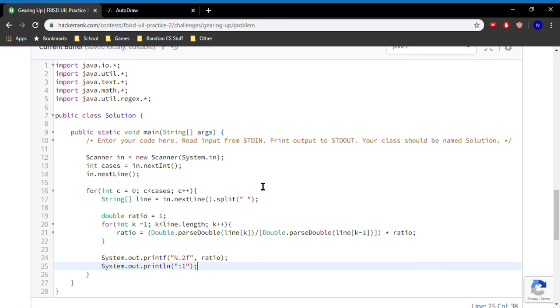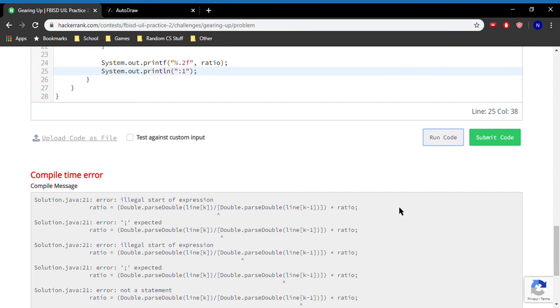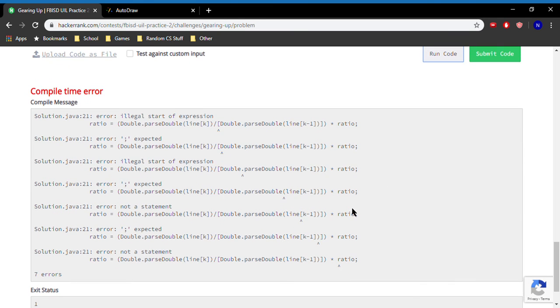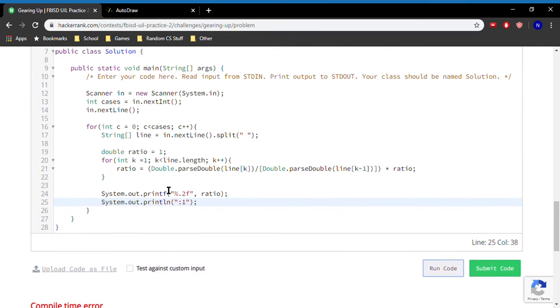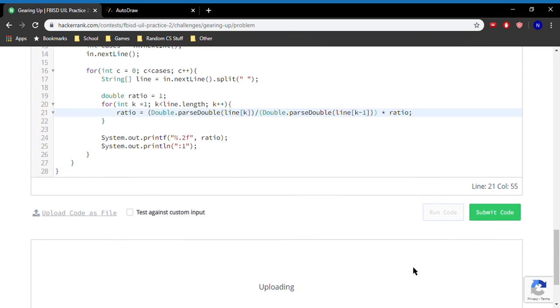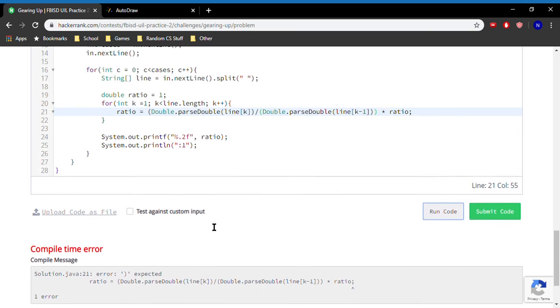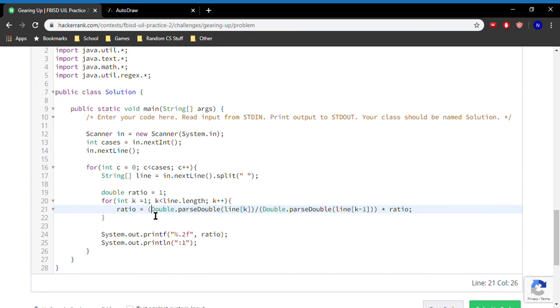Alright, and if we run this, oh, that's awkward. Let's see. Oh, I have an extra. Oh, what is this? Right. That is very awkward.